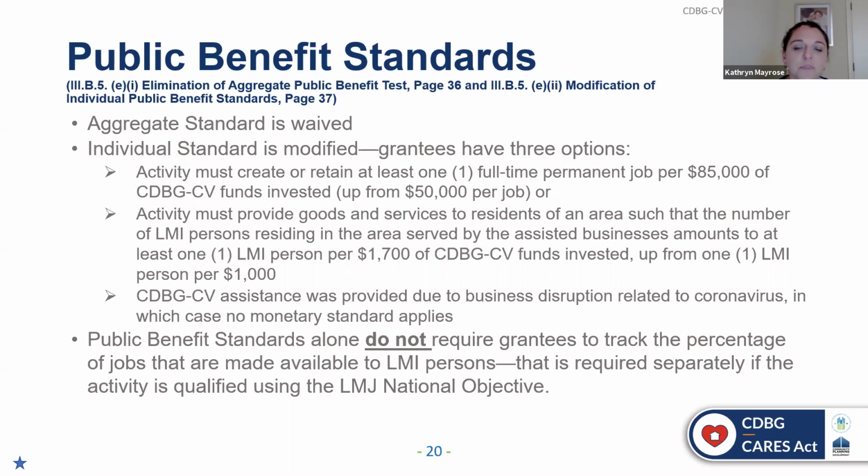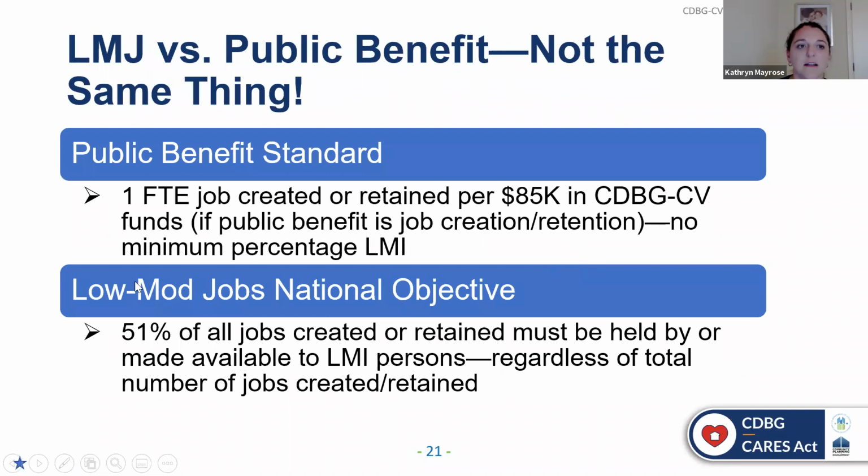So you're not required under this to make 51% of the jobs available to LMI persons. If you are doing this under the LMJ national objective, then you're going to have a public benefit standard that's going to tell you the total amount of jobs that need to be created or retained. And then you would also have this requirement that 51% of those jobs are going to low and moderate income people. And I think we have a next slide that's going to really hit home with that.